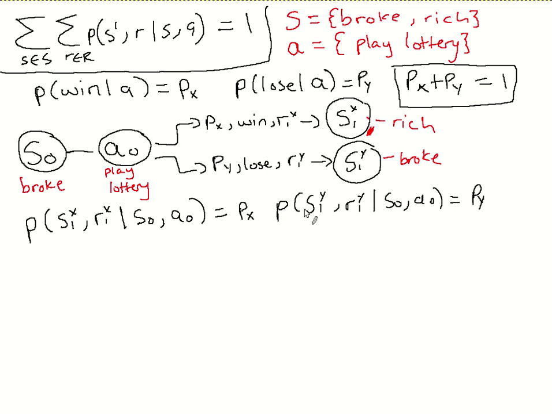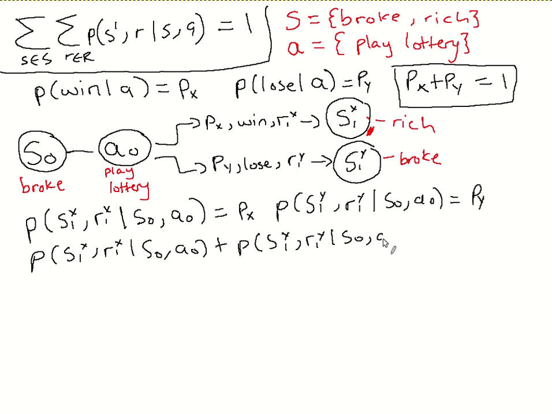So now that we have these probabilities defined and you can interpret what they mean, we can say that if we sum up the probability of S1x, R1x given S0, A0, plus the probability of S1y, R1y given S0, A0, this should be equal to 1.